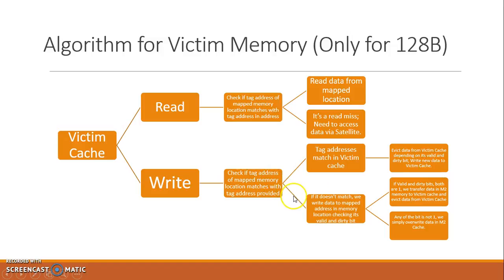But what if there's a miss? If it doesn't match, we write the data to the map address in the memory location, checking its dirty and valid bit. If the valid bit and dirty bit are both 1, we transfer the data from M2 memory to the victim cache and evict the data from the victim cache. But if either bit is not 1, we simply overwrite the data in the M2 cache.